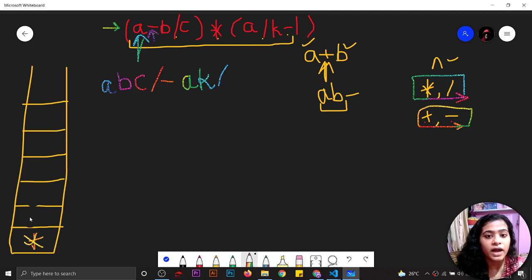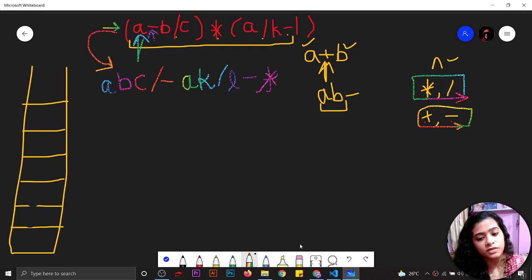Then we will insert minus. Then L into the answer. Then closing bracket. So we will pop out the remaining elements. Minus and then multiply. So this is the answer of converting the infix expression into postfix expression.